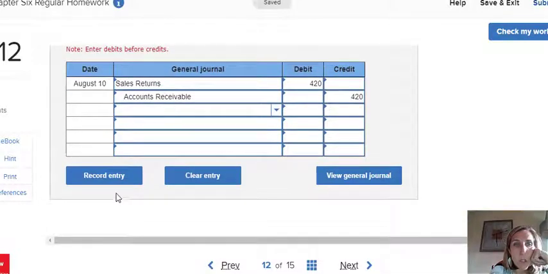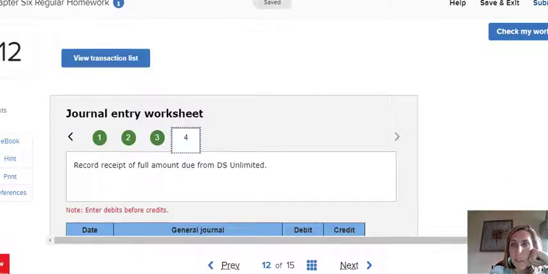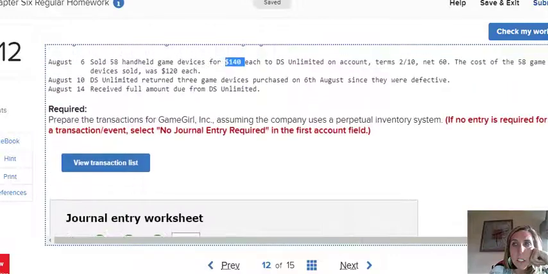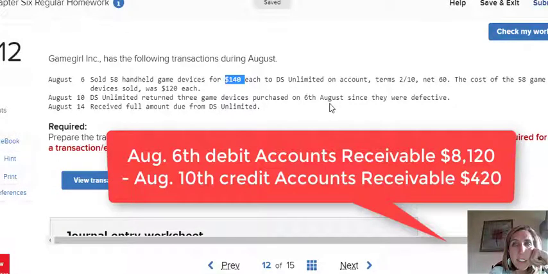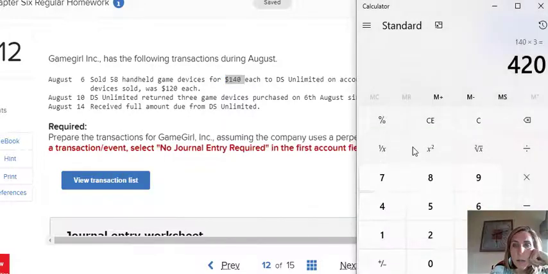Entry 4 is going to reflect that they do pay you, but you need to analyze the amount they owed you in the first transaction minus the amount they returned that you took off of what they owed you, and consider if there was a discount. So initially, I'm going to show you this in the calculator. You sold 58 units, but 3 of them were returned.